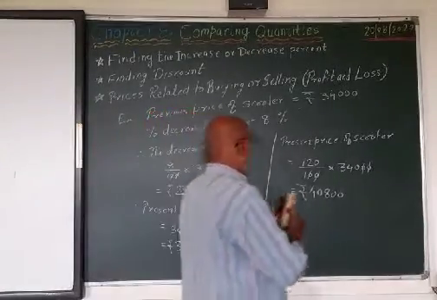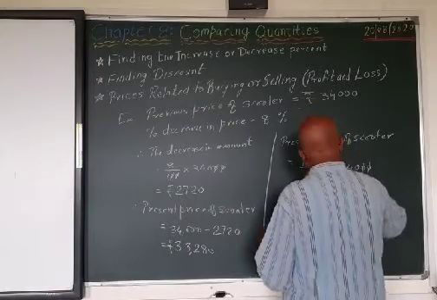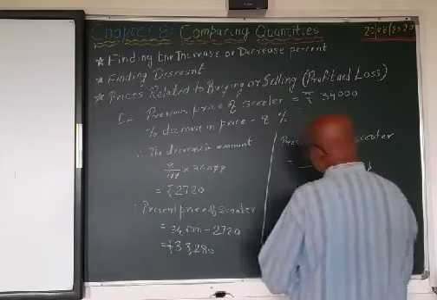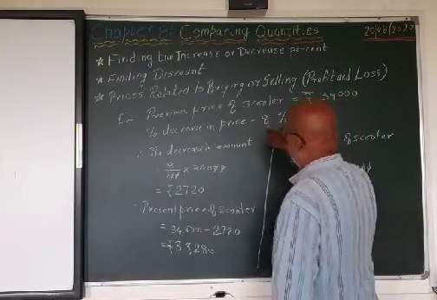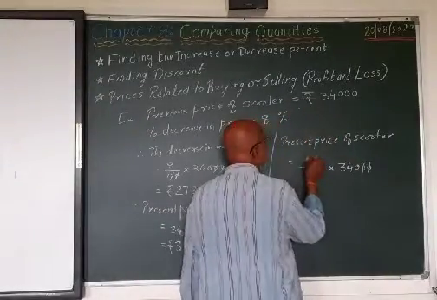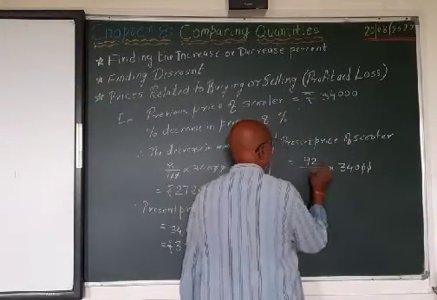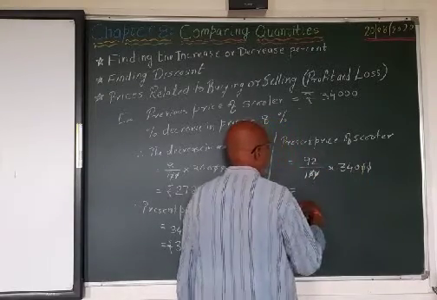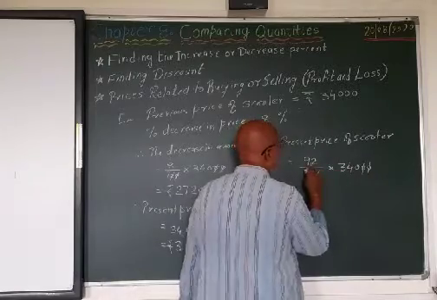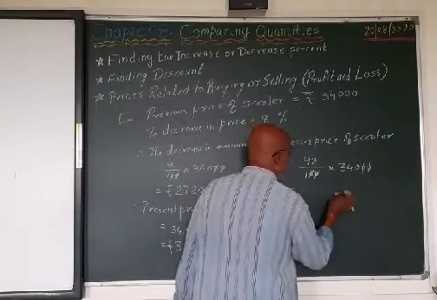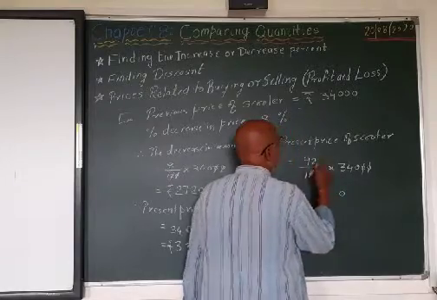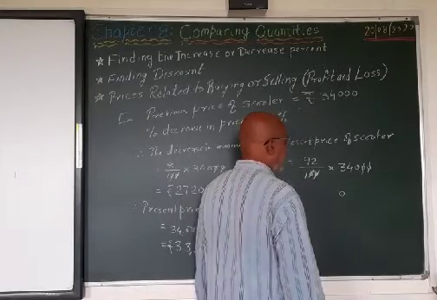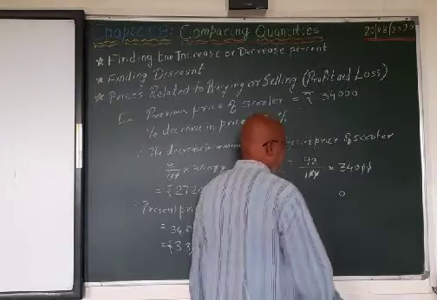Now, by the unitary method also you can find it. Just you have to change here: decrease means minus, subtract. 100 minus 8 becomes 92 upon 100. These two zeros will be cancelled. So what do we get? 92 into 340. So 92 4s are 368.